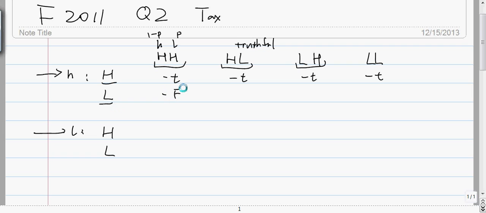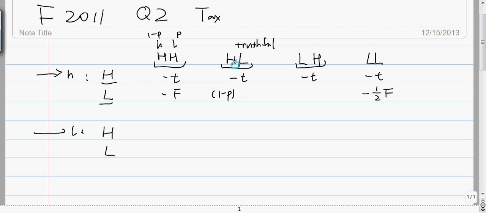And similarly, if the other guy reports low, the government will randomly choose one of us to investigate. So there's only half probability of getting a fine. So the expected payoff is minus half F. So in the middle, we need to use the probability of the other guy being which type. So there will be probability 1 minus P the other guy being the high type will report high.